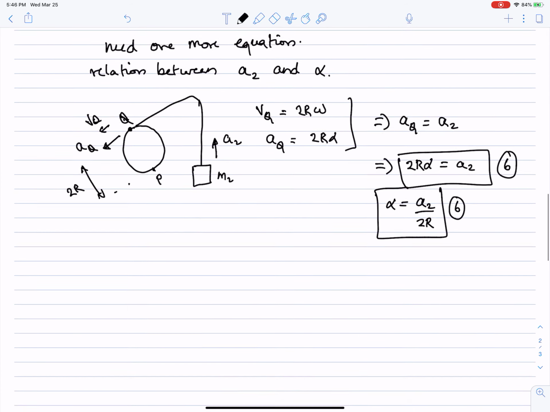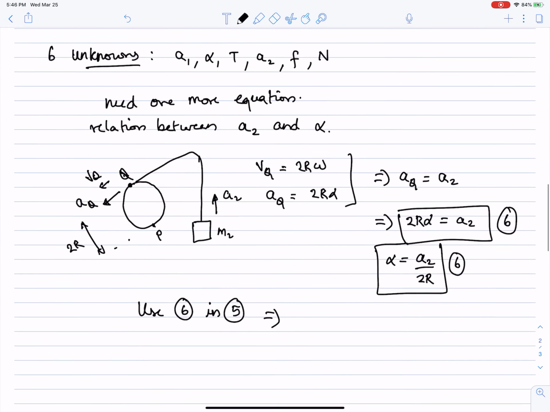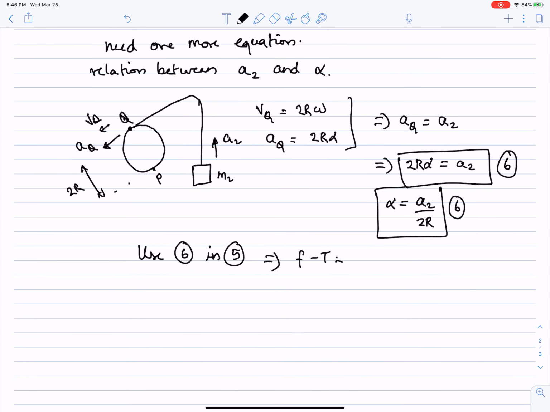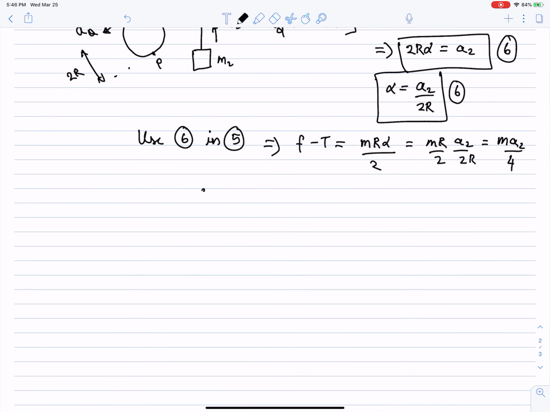Plug that into 5, to give F minus T equals M R alpha divided by 2, and that gives us M R A2 over 2R. The R's get cancelled, so we have M A2 by 4. So F minus T equals M A2 by 4. Let's call that equation number 7.